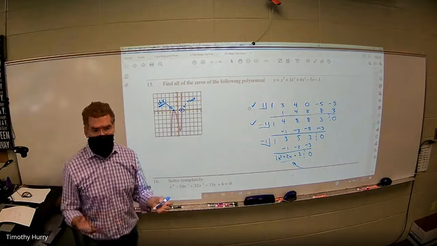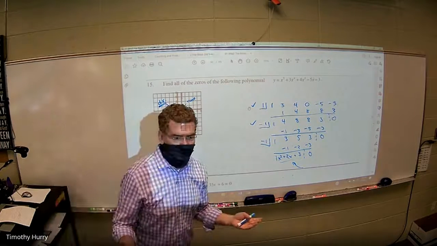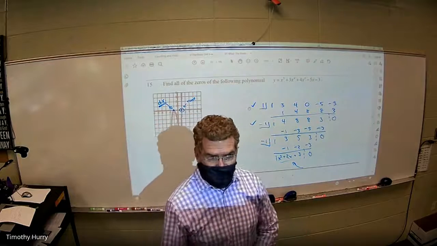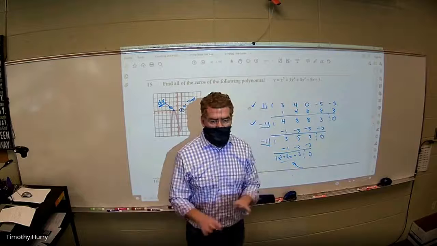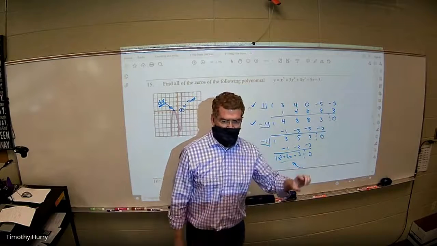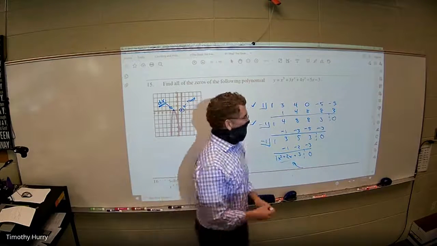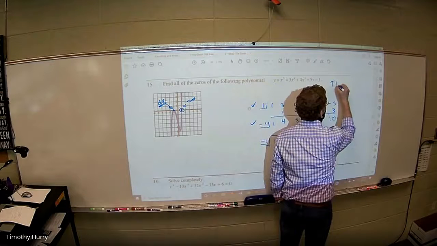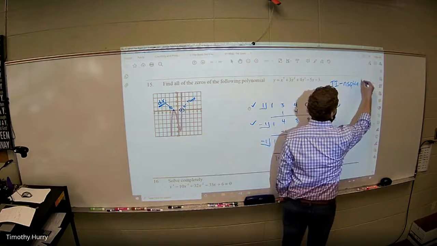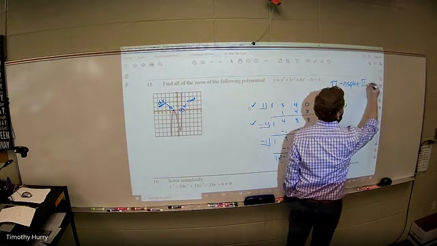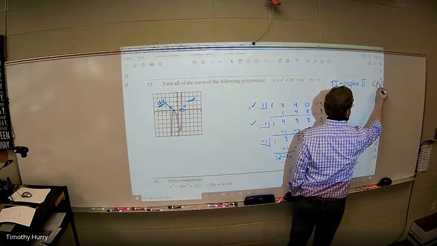By the way, it wouldn't hurt you guys to go and buy a TI Inspire 2. If you do buy a TI Inspire 2, do not buy the one that says CAS. There's a TI Inspire 2, but there's also a TI Inspire 2 CAS.